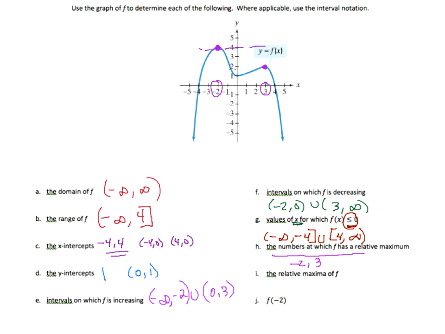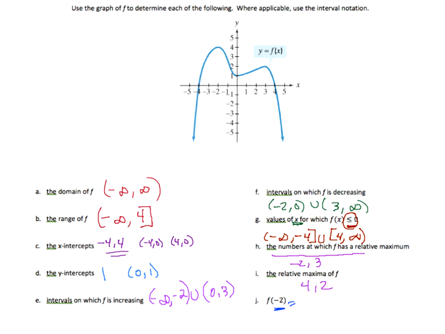It wants to know the numbers at which it has that relative maximum. So it's talking about the x values where they occur. So this is -2 and 3, and then the relative maximum is, well, here it's 4, and here it's 2.